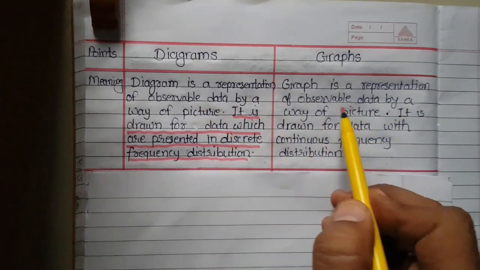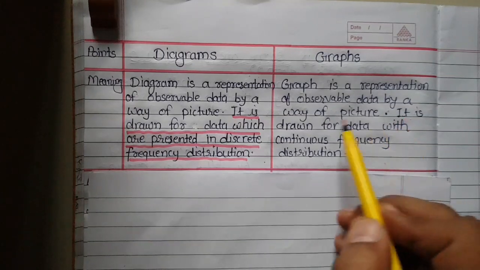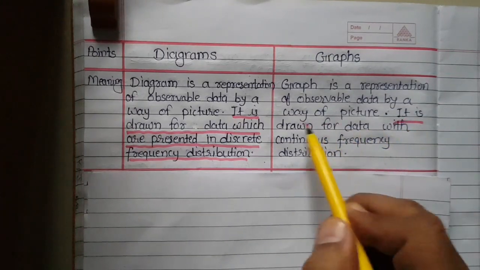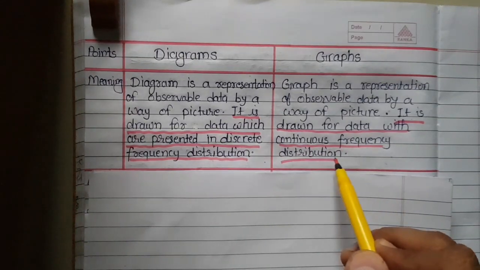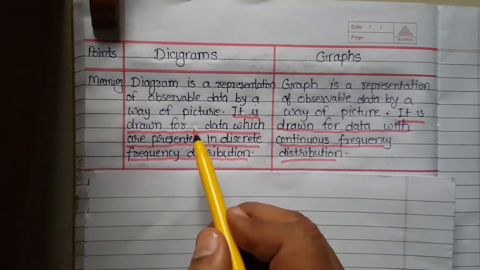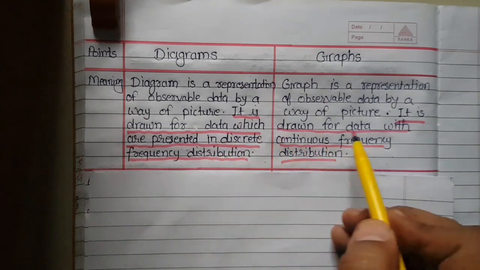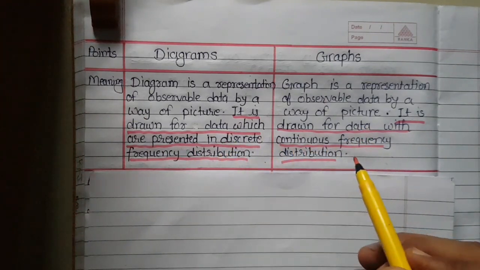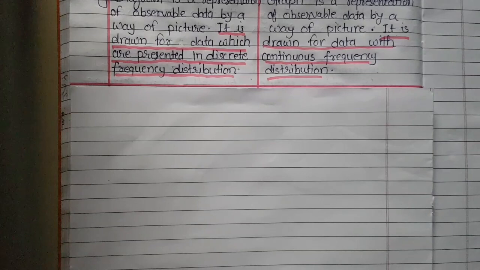The same lines are here also, but the difference is this: it is drawn for data with continuous frequency distribution. So in diagrams, discrete frequency distribution is used, and in graphs, continuous frequency distribution is used. So this is the main difference between diagrams and graphs.